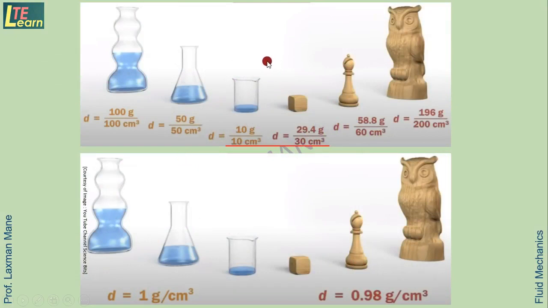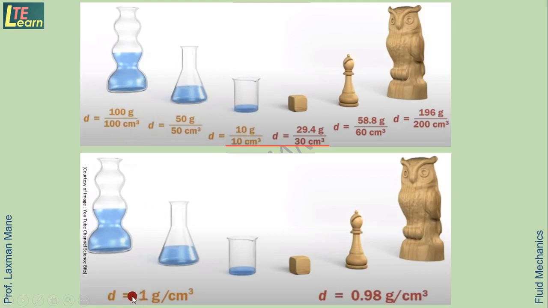Here from these two photographs, we see that for the same substance the density is the same. Here these are three different beakers in which the same liquid is filled and the ratio of mass to its volume in the respective beaker is shown here.